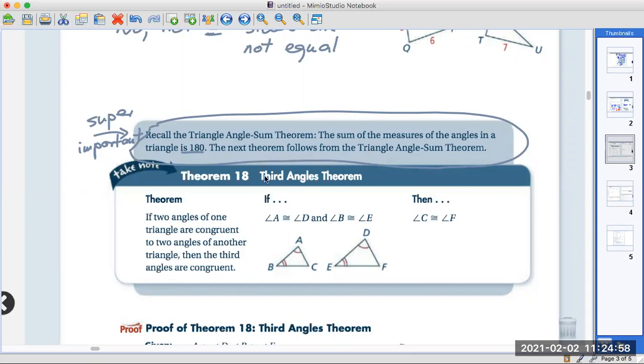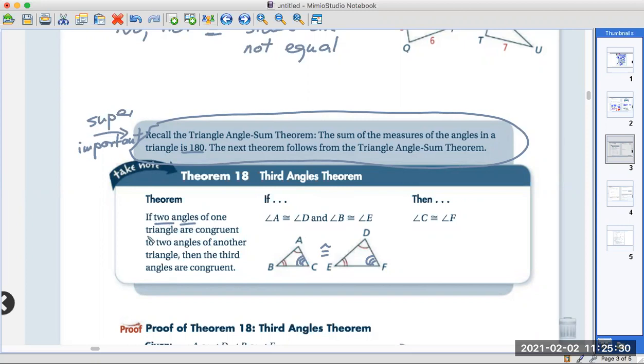Nope. Okay, third angle's theorem. It tells you that if you know that two angles in two triangles are congruent, the third angle is congruent by default because they're all adding up to 180. So all we need in two triangles to show the two triangles are congruent, we only need two angles, not all three, because the third one, by the third angle's theorem, will always be equal, right?